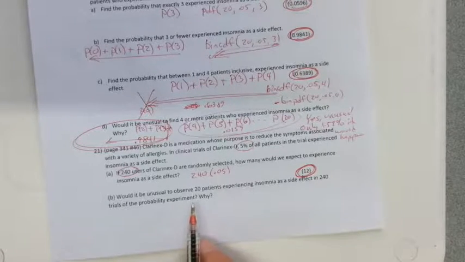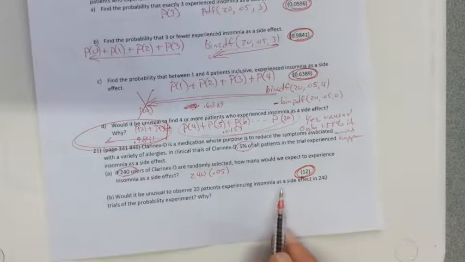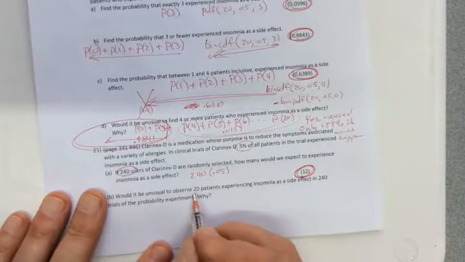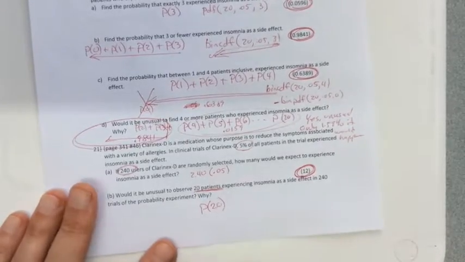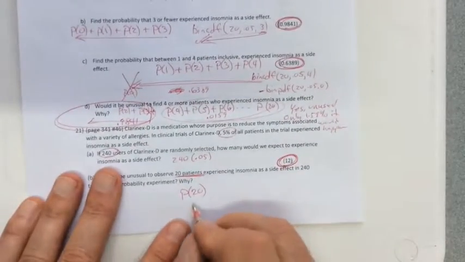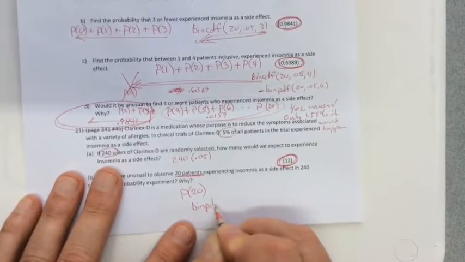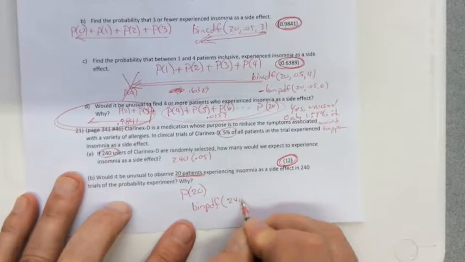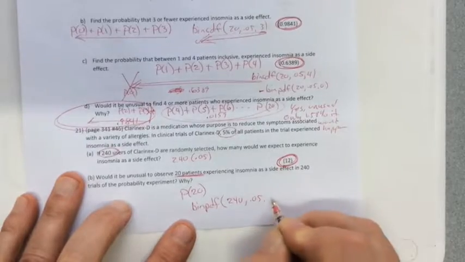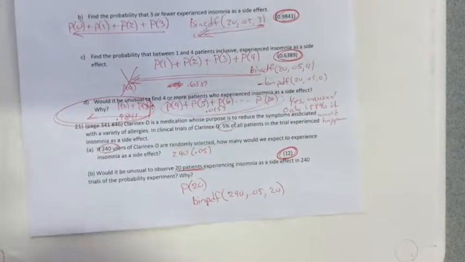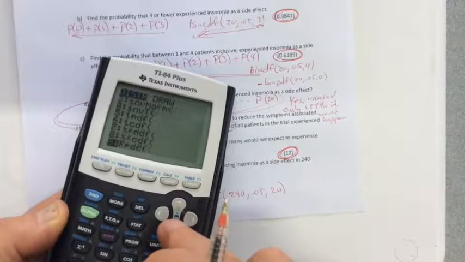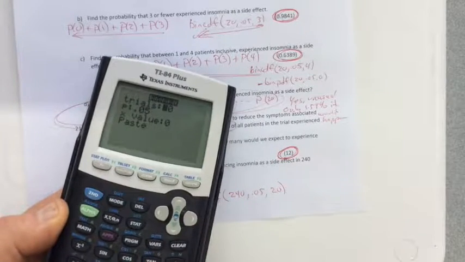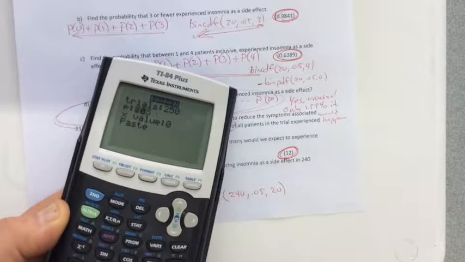Would it be unusual to observe 20 patients experiencing it, so to observe exactly 20. So they want the probability of just 20. That's PDF. So the binomial PDF, when we have 240 people at 5%, exactly 20.